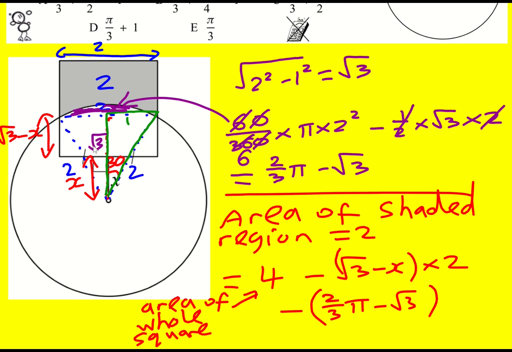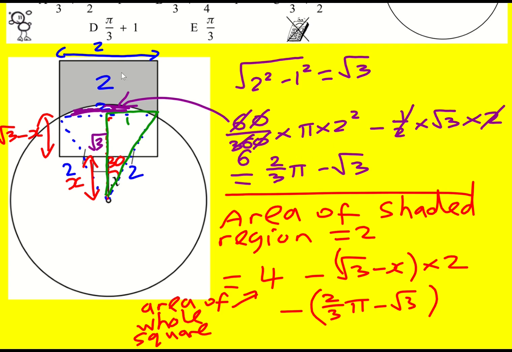So I've drawn some lines in to construct an equilateral triangle, spotted that angle 60 here. Split it up into this green triangle. Now have the angle to give 30 and also got the height of this green triangle using Pythagoras. Found this purple area of this segment by doing the area of a sector minus the area of this equilateral triangle, which gave me this bit here.